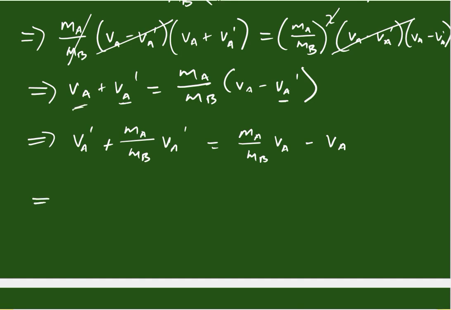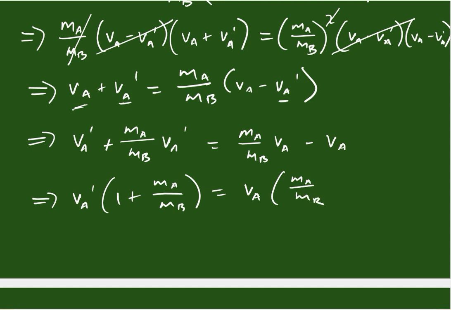So let's just factorize a bit here. So we get va prime into 1 plus ma over mb, and then here we can also factorize the va out, and we end up with ma over mb minus 1.